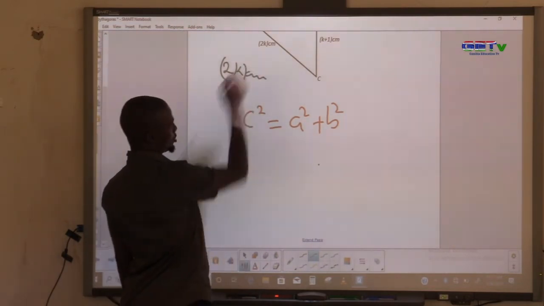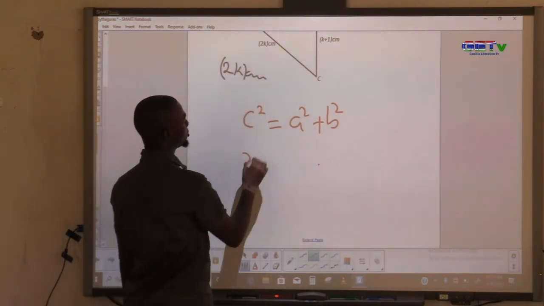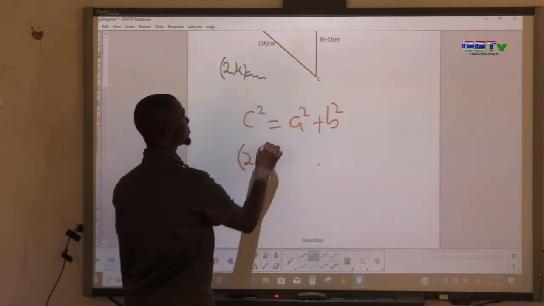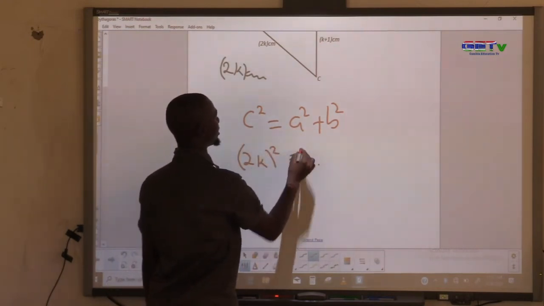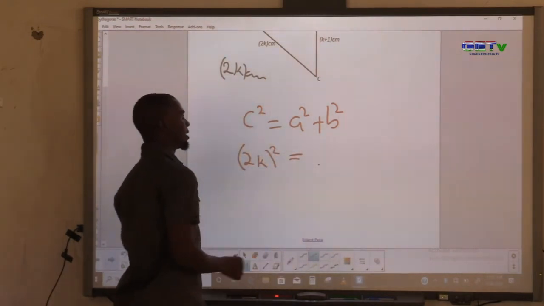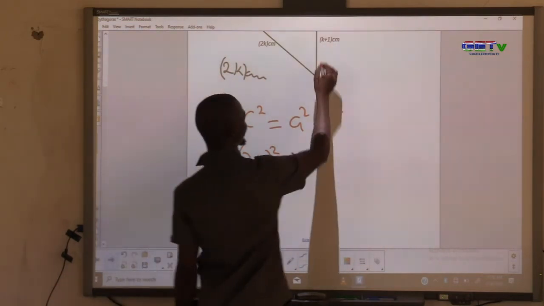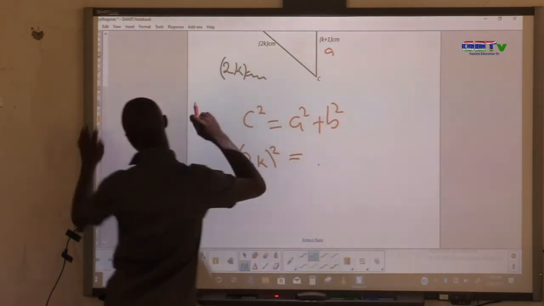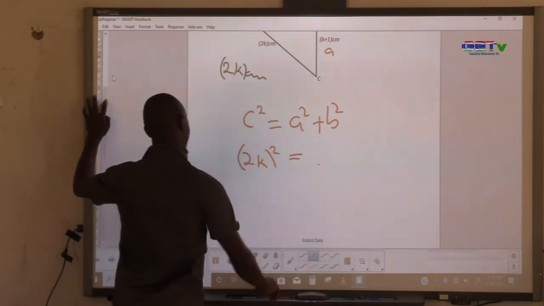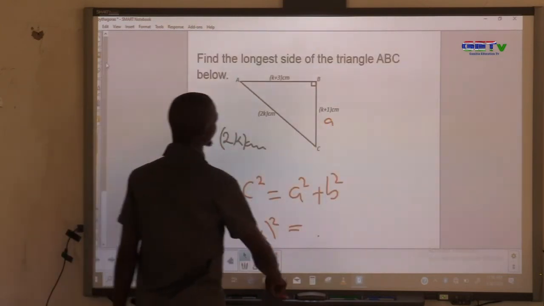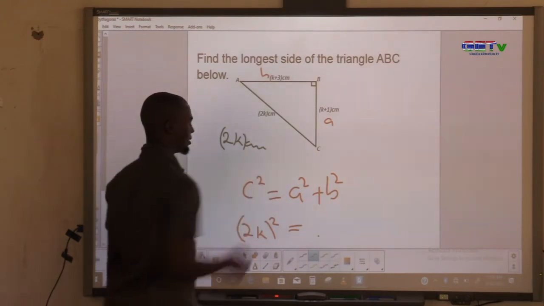C is 2k. That will give us 2k whole square is equal to a square. We label our a. This is going to be the a, and here will be our b.